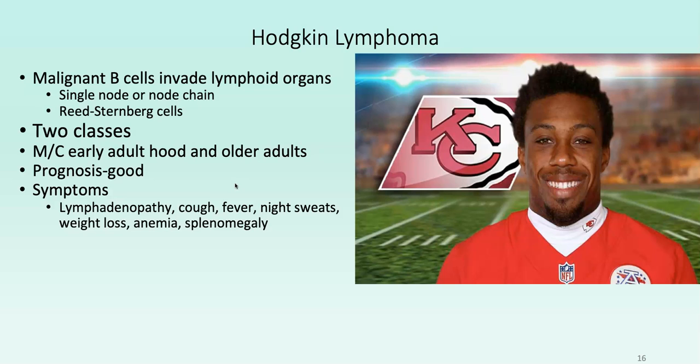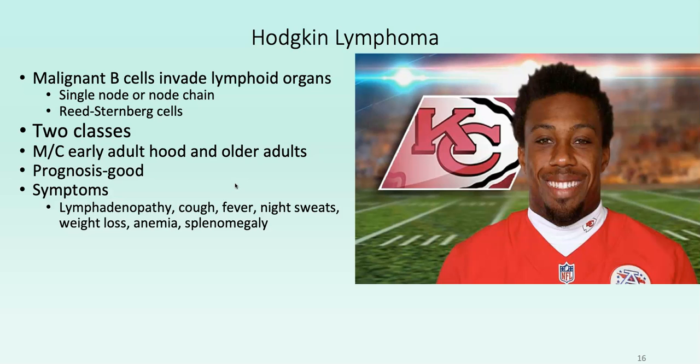Now, there are two types of Hodgkin's lymphoma. There is nodular lymphocyte predominant Hodgkin lymphoma. Hopefully you're noticing how we can sometimes not avoid using really big long names for the disorders. Sorry about that. But it represents only a small portion of Hodgkin's lymphoma.